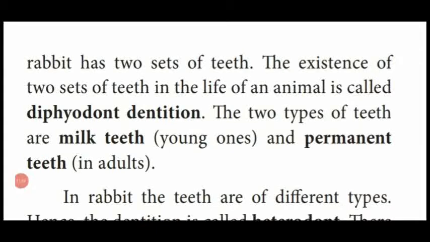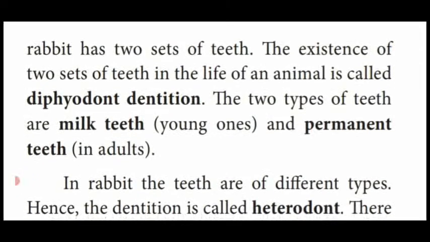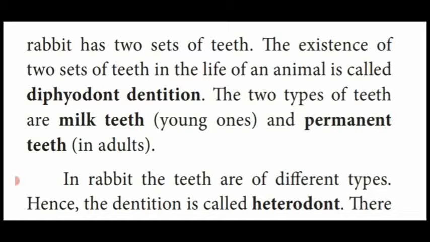Dear students, we are going to continue with the dentition of the rabbit. What is dentition? Arrangement of teeth in the mouth region, or upper jaw and the lower jaw, is called dentition. A rabbit consists of two sets of teeth.